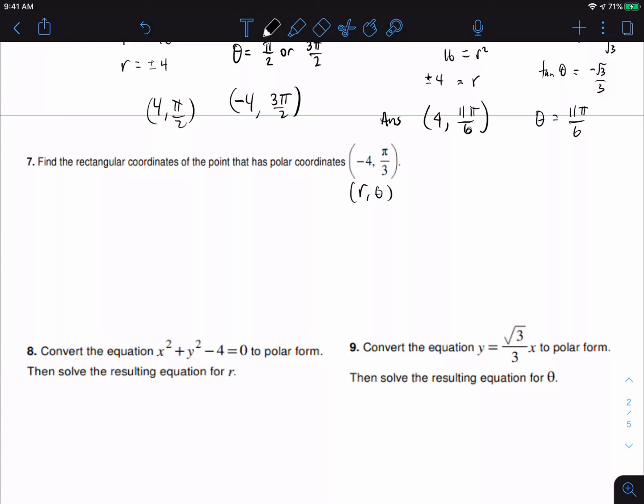So with those, the formula was x is r cosine of theta, and y was r sine of theta, correct? So to do that then, what I'm going to do is I'm going to go, okay, x is going to be equal to a negative 4 cosine of pi over 3. Now what is cosine of pi over 3?